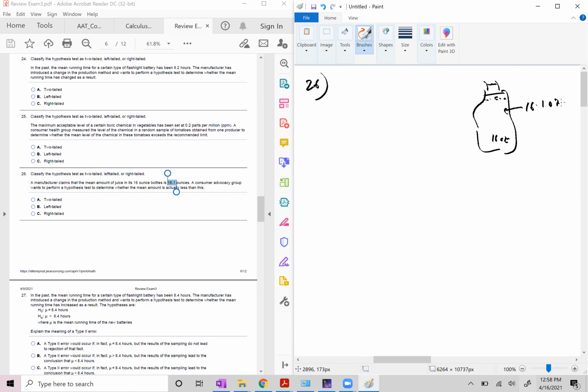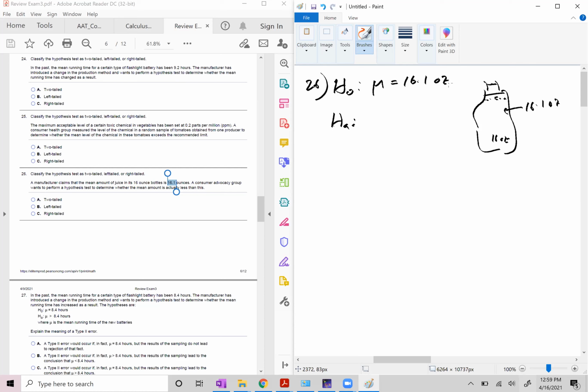But if there's less, the government should take action about this manufacturer, because he's claiming some amount and he's giving less than that to the people. So this advocacy group is trying to test that. Okay, so the null and the alternative are very clear again. Mean is 16.1 ounces. 16 doesn't have to do anything here. 16 is just to confuse you.